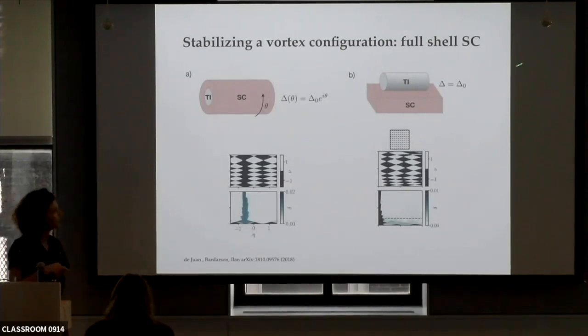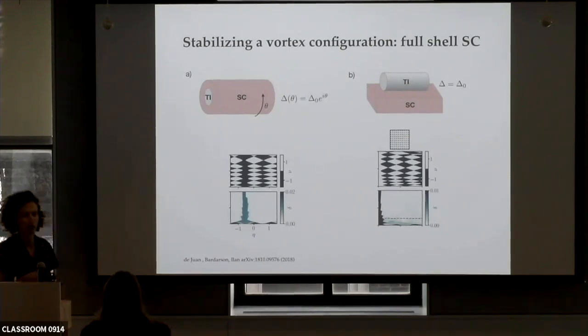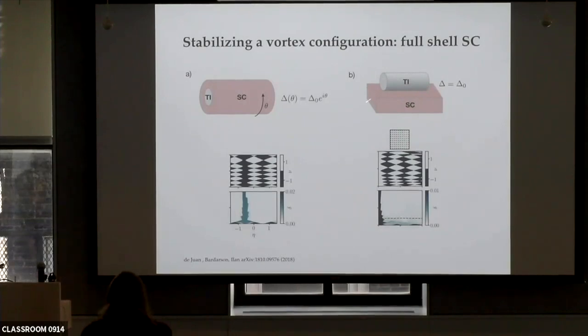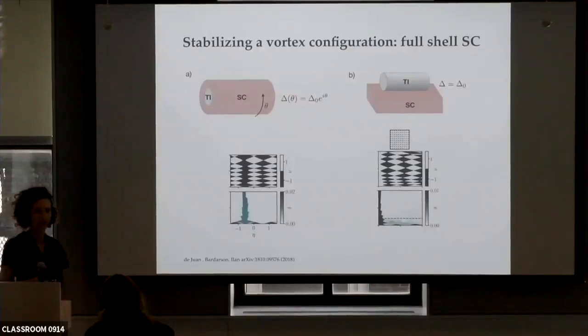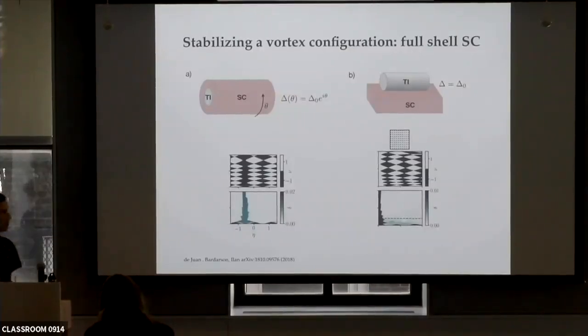And the reason is, if you lay your TI wire on a superconductor, you get this inhomogeneous pair potential, but there is no particular reason why the flux will induce a vortex in the system. However, if you have a full shell encasing your TI wire, then the energetically stable configuration at half a flux quantum is that of phase winding. Okay, so you want to be in this situation.